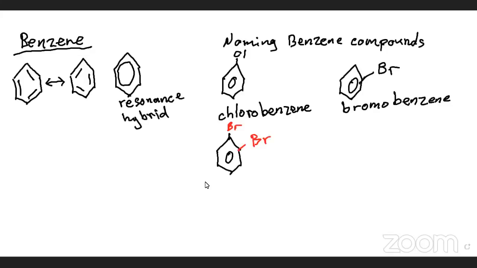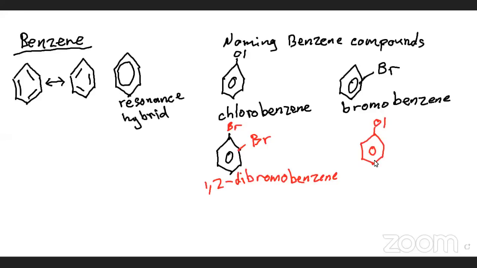All right, so this now it would be 1,2-dibromobenzene. The naming of the compounds is not really a big deal for benzene. But some special compounds that you must be aware of now are these.